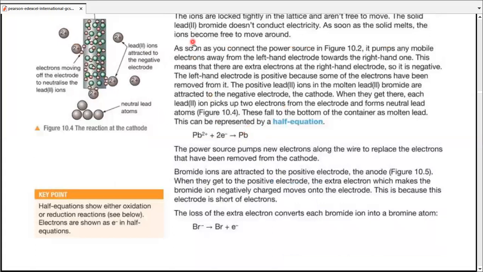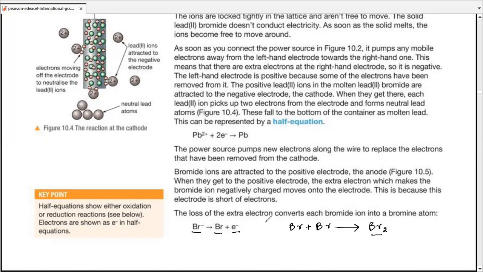So they lose their extra electrons and are converted into bromine atoms. The bromide ion lost the extra electron to the electrode and became a bromine atom. But bromine is very reactive, and quickly reacts with another atom and forms bromine gas. That's why we had brown gas at that electrode.